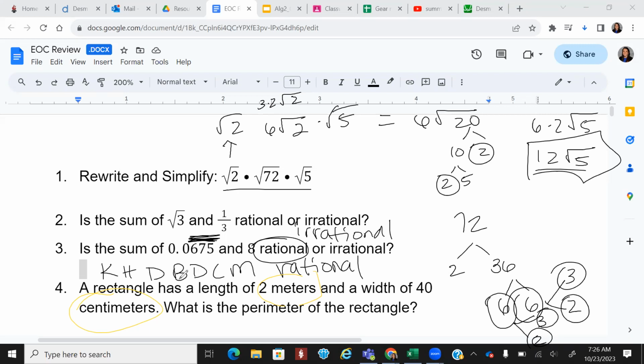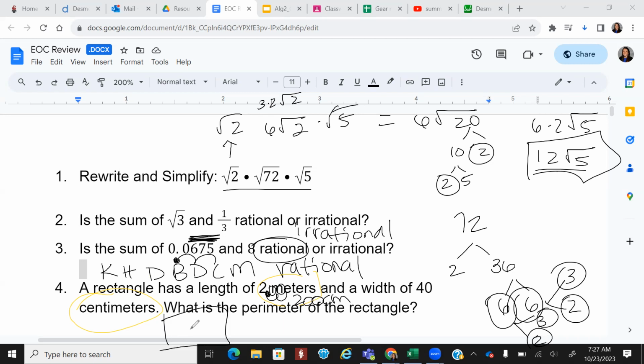So what we're going to do is move the decimal place over twice to get to centimeters. That means that with this 2 meters, we're going to move the decimal place over 2 times, and we're going to put 2 zeros. So we have 200 centimeters instead of 2 meters.